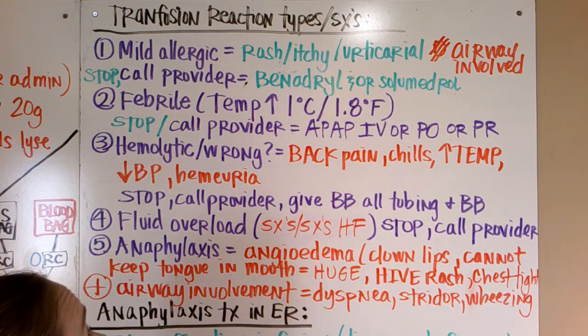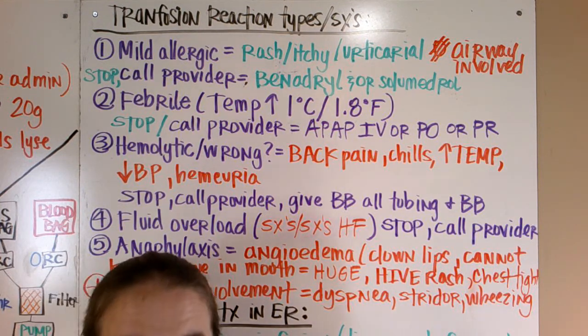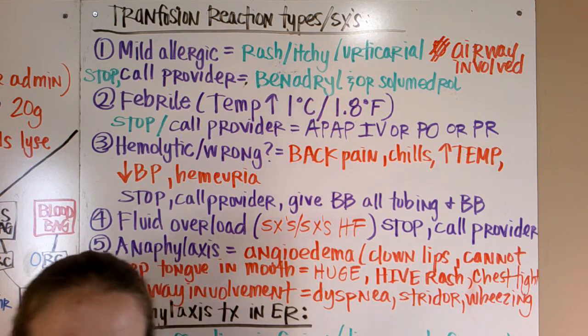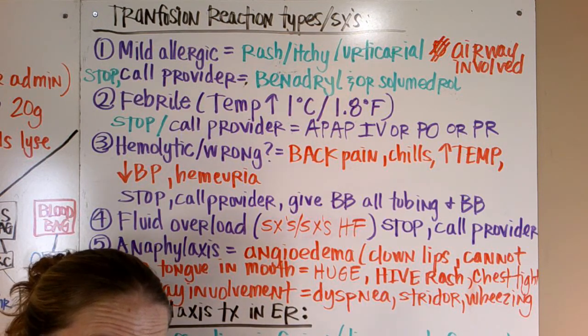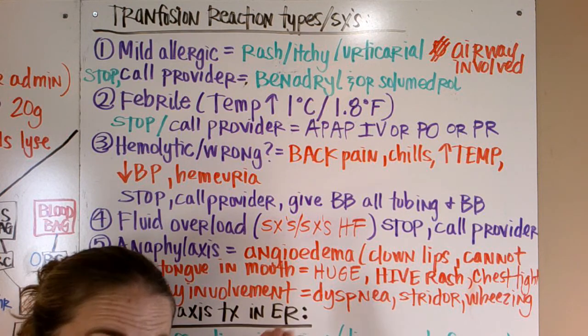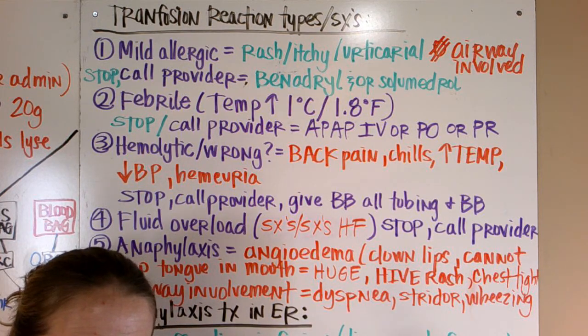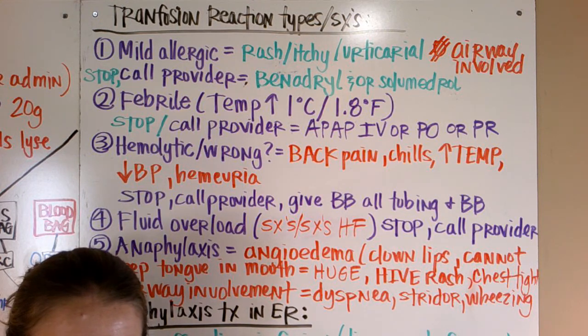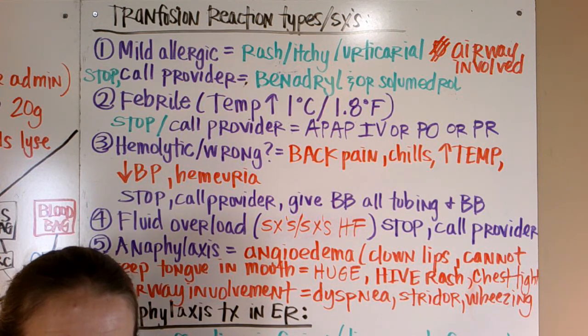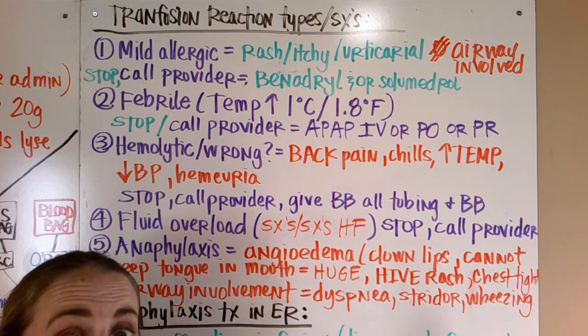All right, cool. Now a febrile type transfusion reaction is when you have an increase in temperature above the patient's baseline. Remember we took their vitals right before we hit start on the pump? You're going to go off of that temperature. So let's pretend that we got a temperature of 37.5 centigrade before we started the blood, and now they're 38.5.